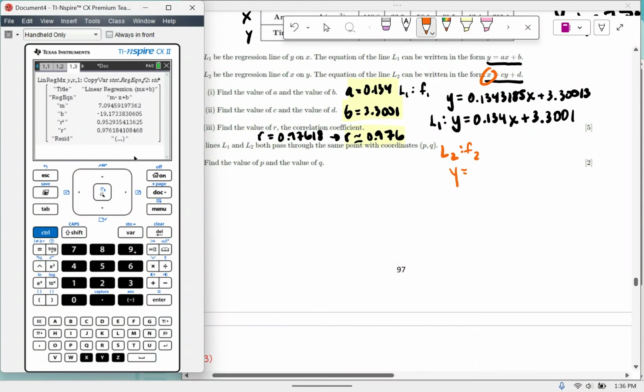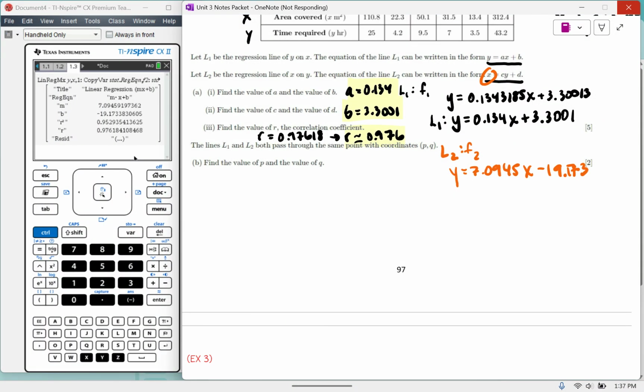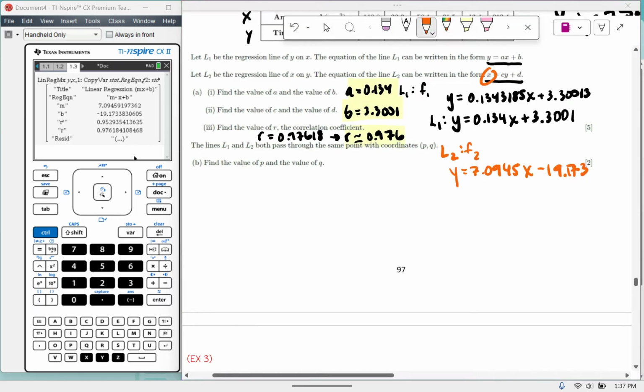All right. Okay, so now I have 7.0954945x minus 19.173. Okay. Now my rounded.